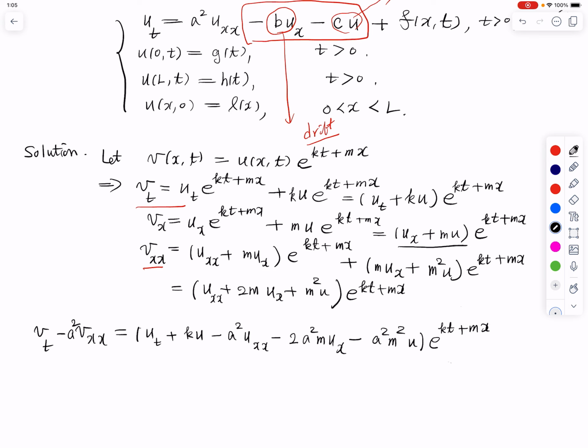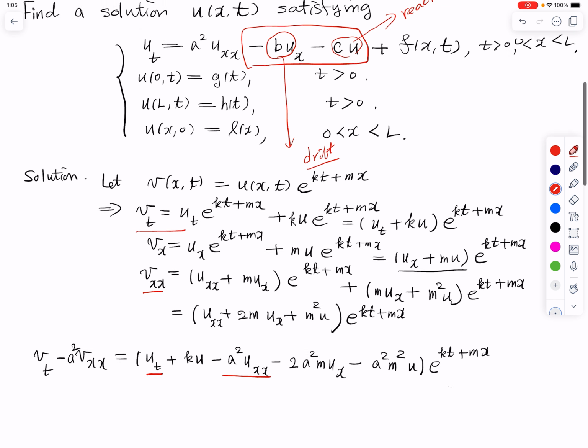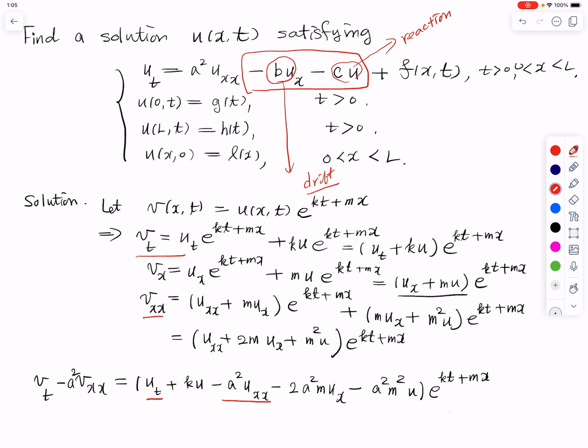Okay, and then we know that ut minus a square uxx is in here. So that's equation 1. I'm going to put this equation 1.